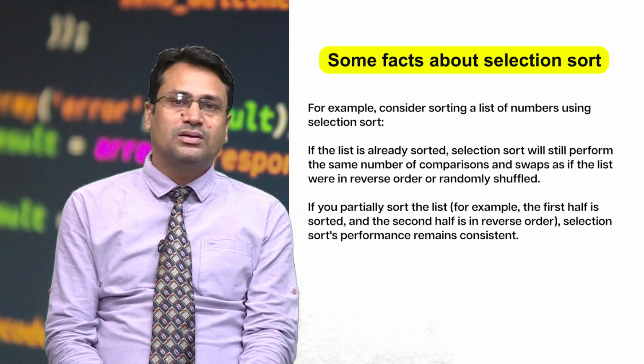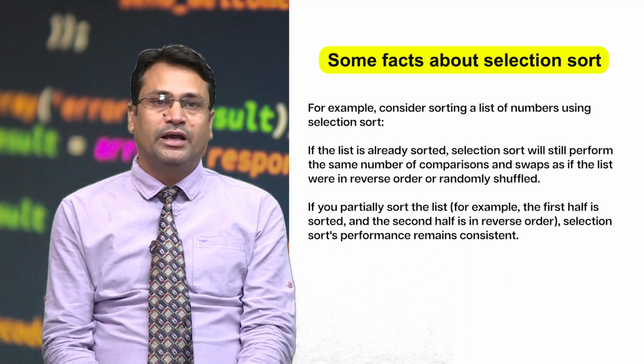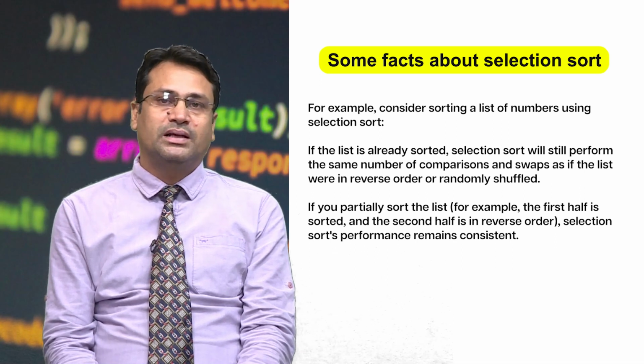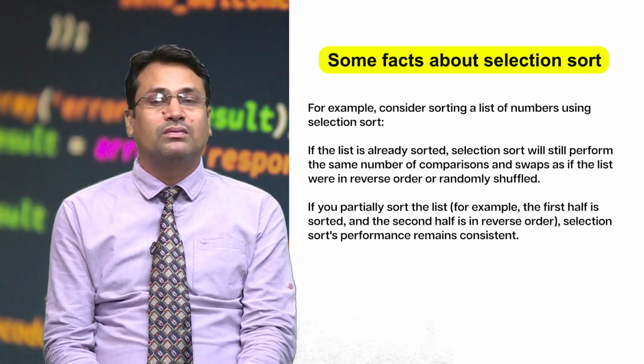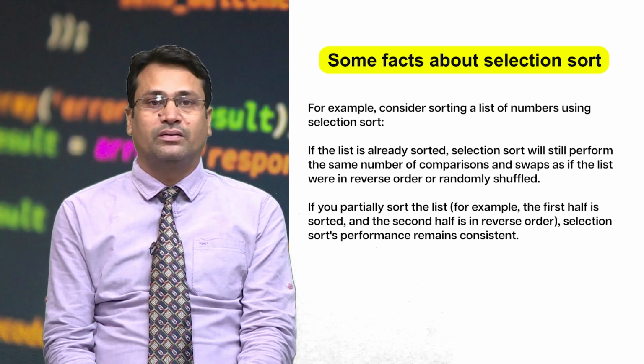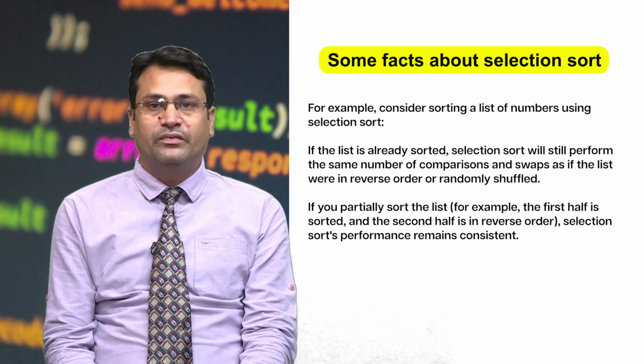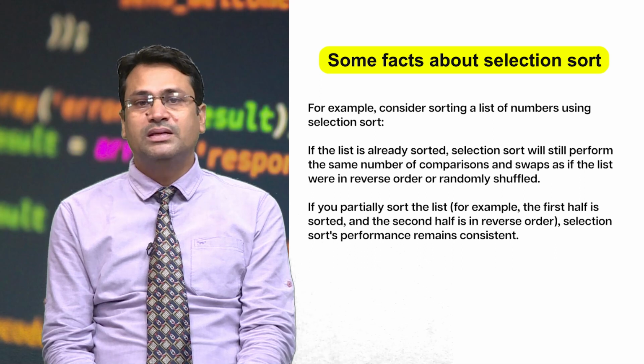For example, consider sorting a list of numbers using selection sort. If the list is already sorted, selection sort will still perform the same number of comparisons and swaps as if the list were in reverse order or randomly shuffled. If you partially sort the list, selection sort's performance remains consistent.